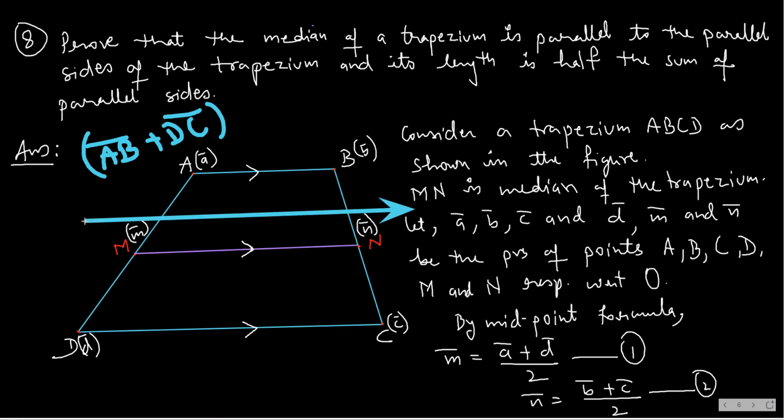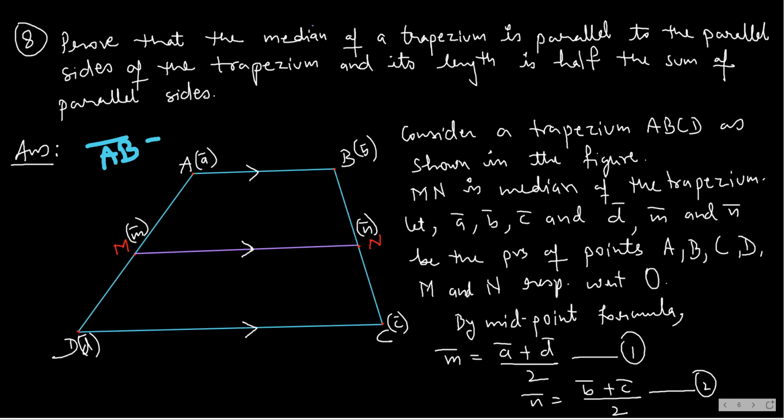That is, this vector AB bar plus DC bar is also parallel to AB bar and DC bar.